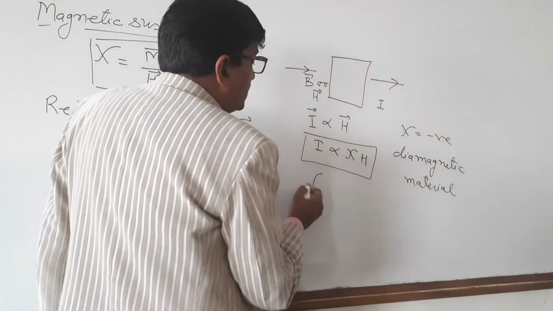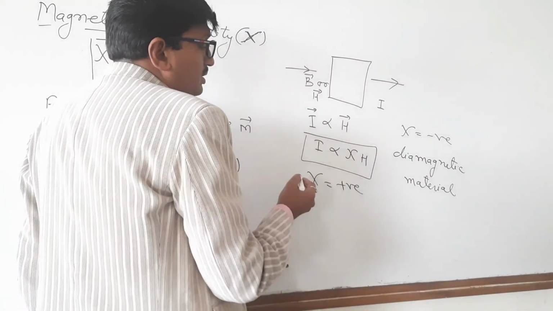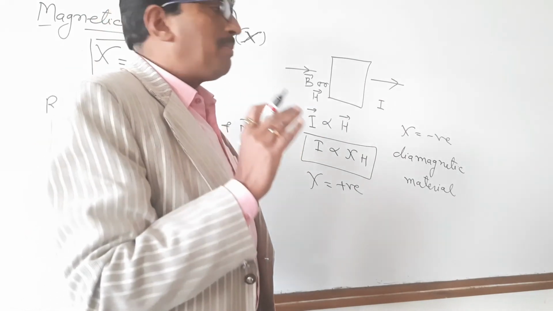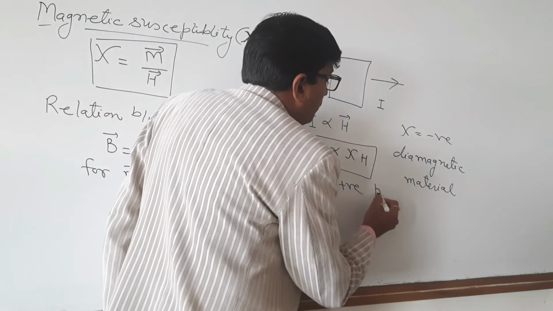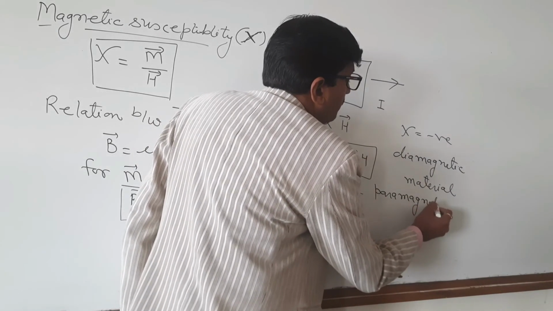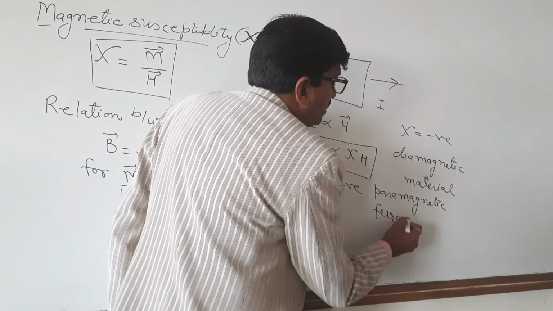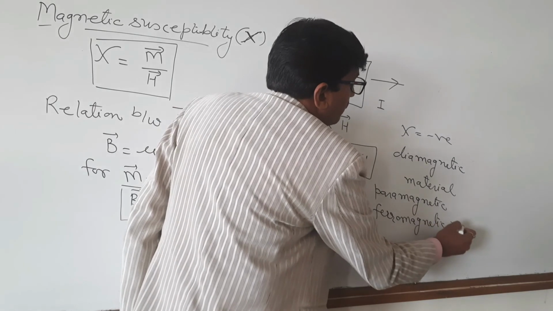And if chi is positive, then the material is magnetized in the direction of the applied magnetic field, and that type of material is known as paramagnetic material and ferromagnetic material.